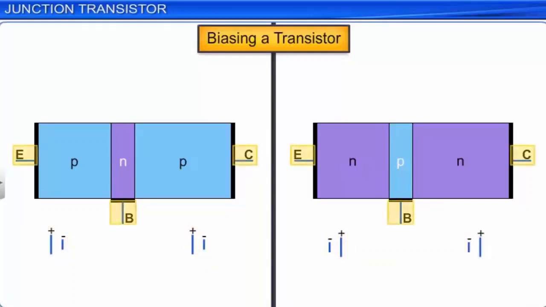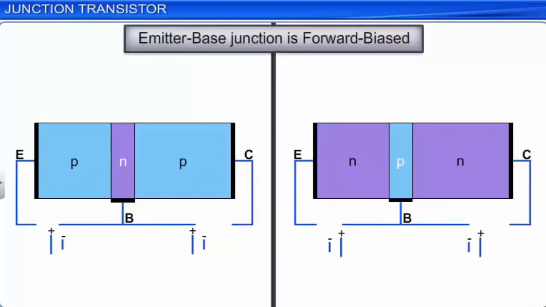The emitter, or the base, or the collector can act as the common terminal, and based on this, the configuration of the transistor is named accordingly. In this module, we discuss transistors in common base configuration. During biasing, normally the PN junction between the emitter and the base is forward biased, while the PN junction between the base and the collector is reverse biased.